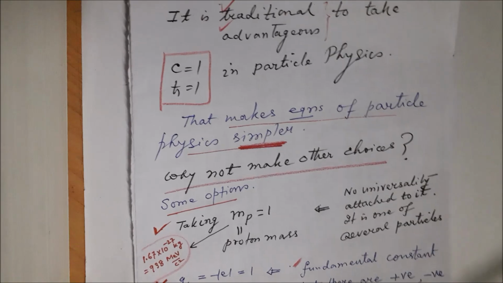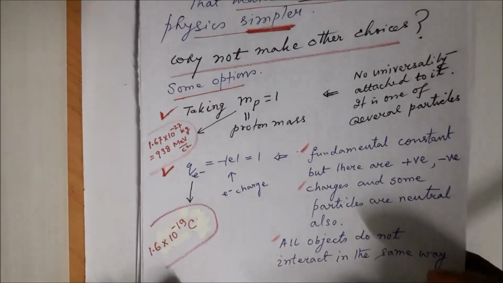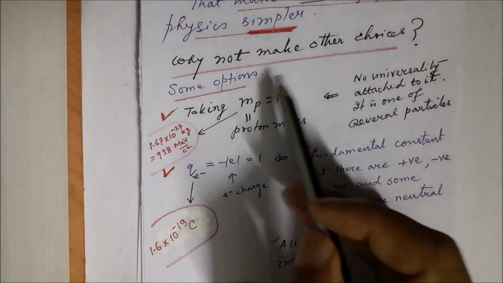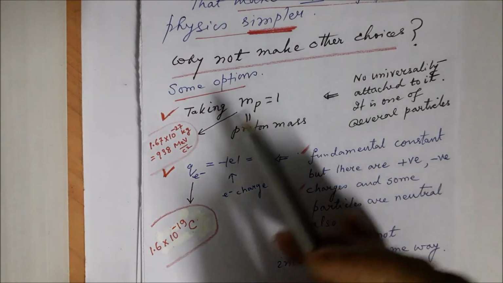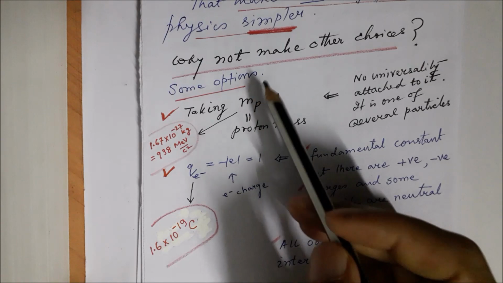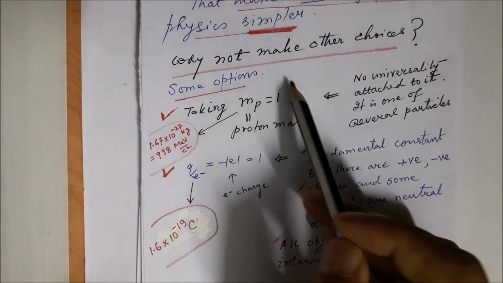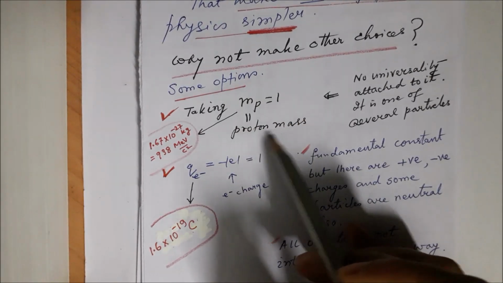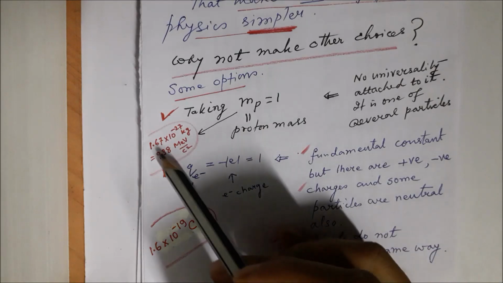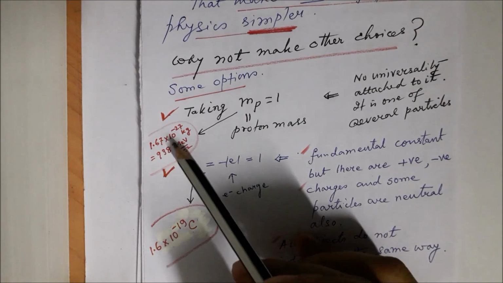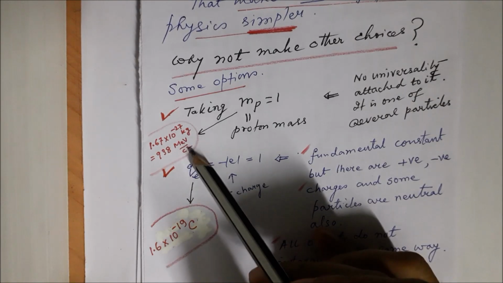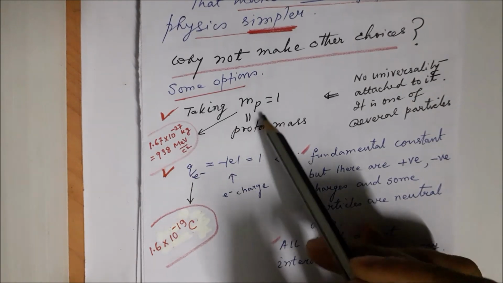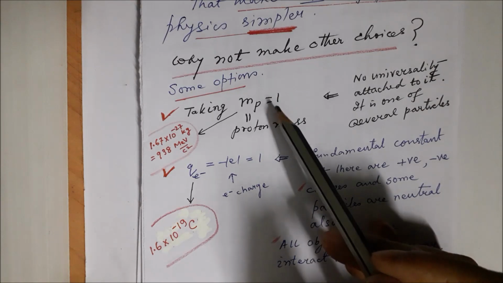Now the question that one might ask is, why not other choices? There are many other options. Some options may be like, what if we take mp, the mass of a proton, which is actually 1.67 into 10 raised to the power minus 27 kg or 938 MeV/c², to be set equal to 1.